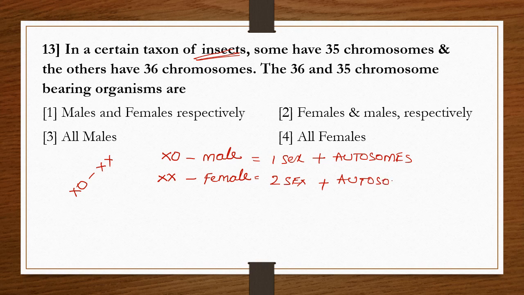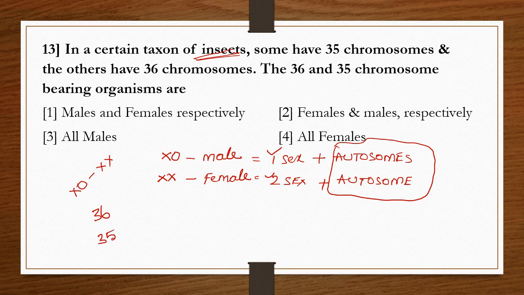So the autosome number is the same in both males and females. There is no change in the autosome number. But the male has only one sex chromosome, and the female has two sex chromosomes. So here it is given 36 and 35. Use this phenomenon.